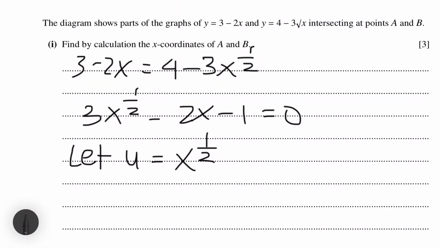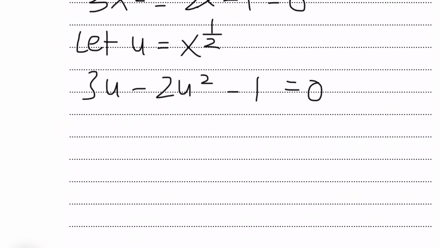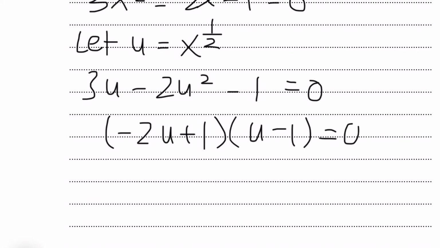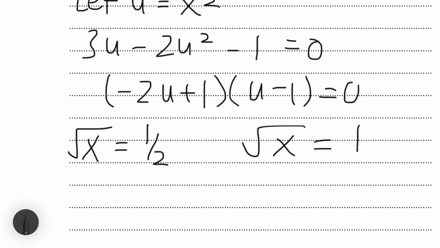So 3u minus 2u squared minus 1 is equal to 0. And your roots are 2u plus 1, u minus 1 is equal to 0. So I will revert u back to x to the power of 0.5. So the square root of x is equal to half, and the square root of x is equal to 1. So x is equal to 1 over 4, and x is equal to 1.